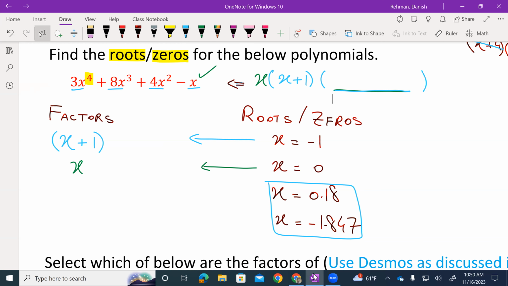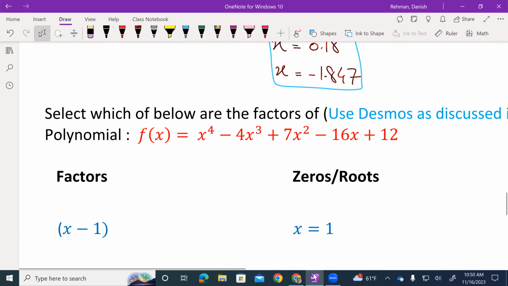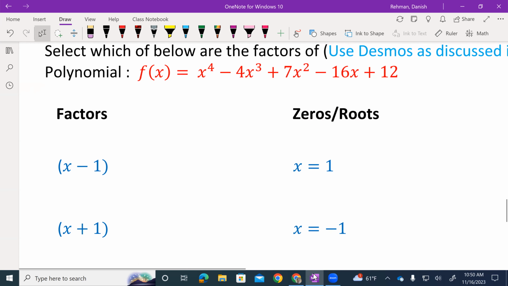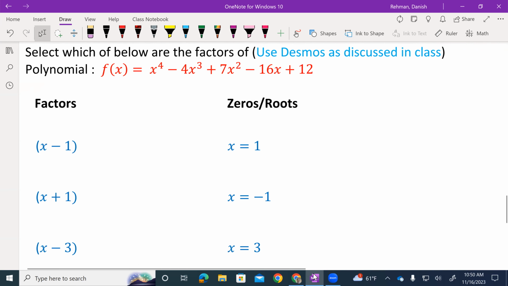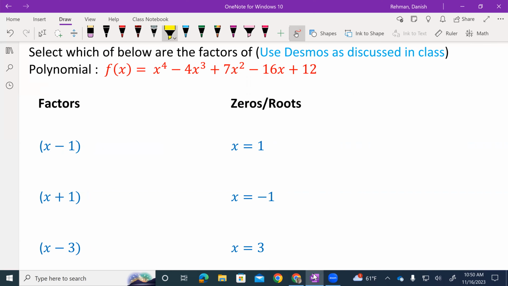Continuing on the same pattern, here we have another question where we are discussing: select which of the below are the factors using Desmos, obviously. The polynomial that I have is this whole polynomial, and I'm trying to figure out one by one if this is a factor or not, this is a factor or not, this is a factor or not.